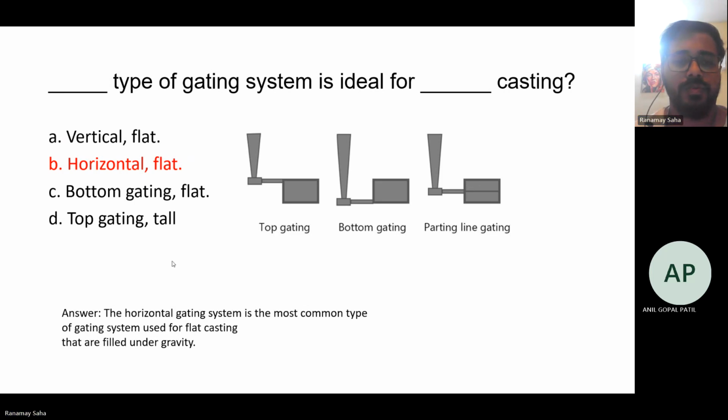Bottom gating, you know. Top gating, you also know. So for flat casts, generally parting line gate systems are preferred. Discussed that it finds the advantages of both top and bottom, or eliminates the disadvantages to some extent.